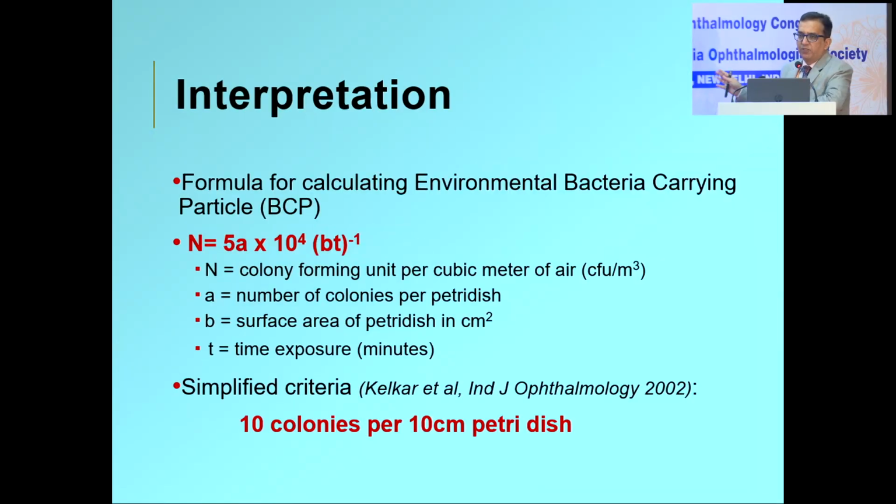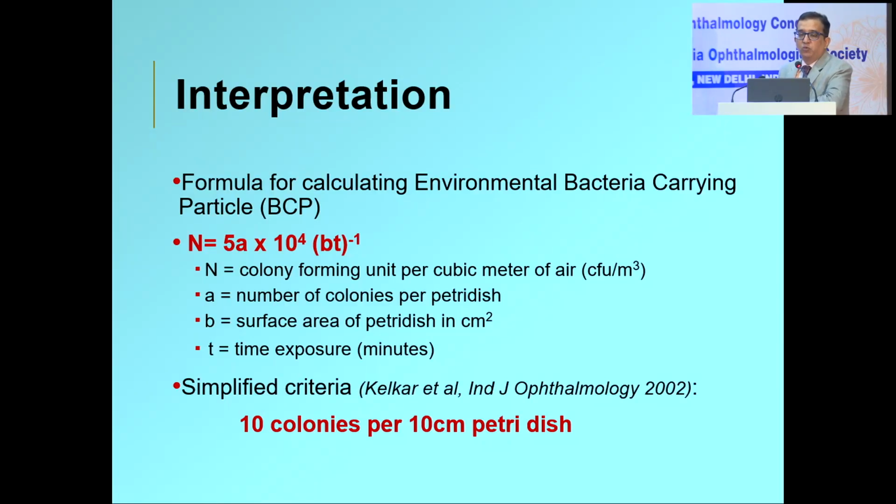There are some specific formulae for calculating your bacteria carrying particle load, but the most common dictum is that if you have more than 10 bacterial colonies in your solid media plate, it is significant, and if you have even a single fungal colony, that is significant.